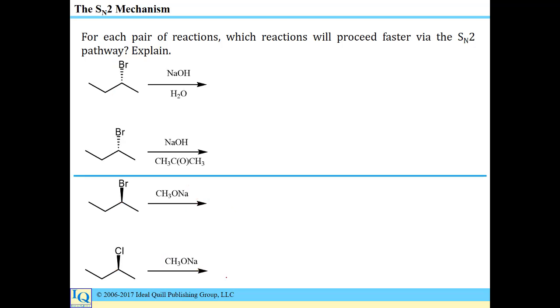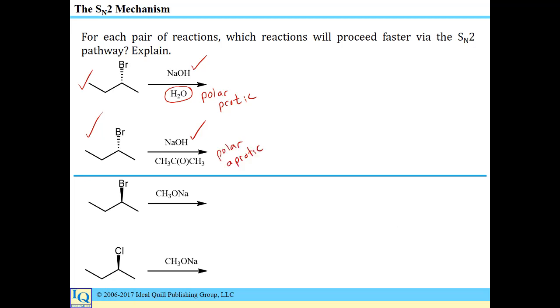If we take a look at a couple additional pairs of reactions, and again consider which is faster by the SN2 pathway, now we have a case where both of these substrates, the alkyl halides, are the same, and both of the nucleophiles are the same, and what we've changed is the solvent. In one case we have a polar protic solvent, a hydrogen bonding solvent, and in the second case we have a polar aprotic solvent.